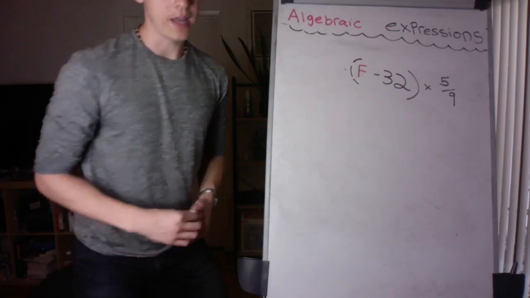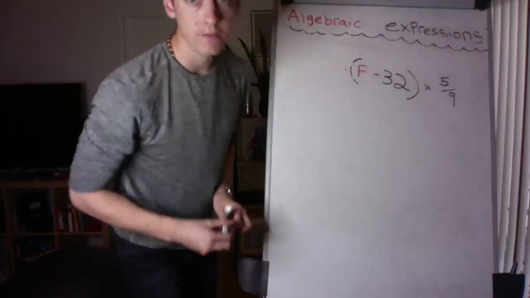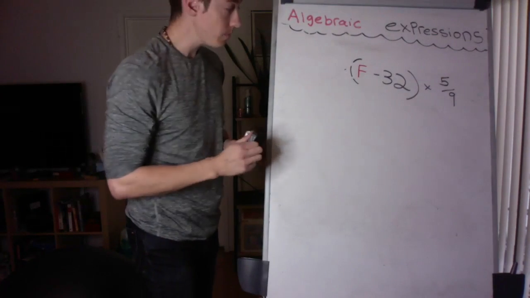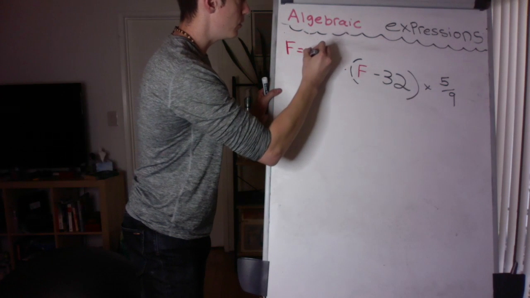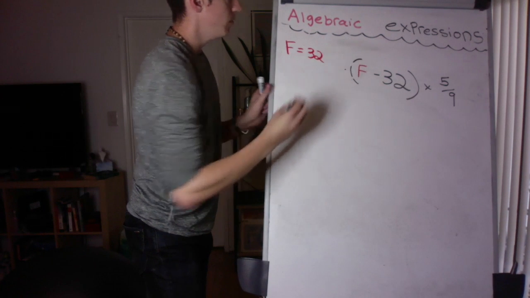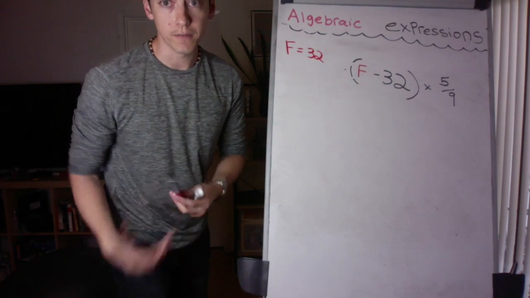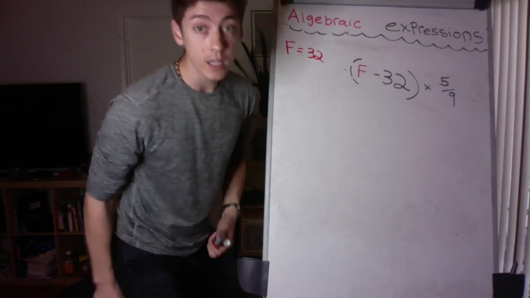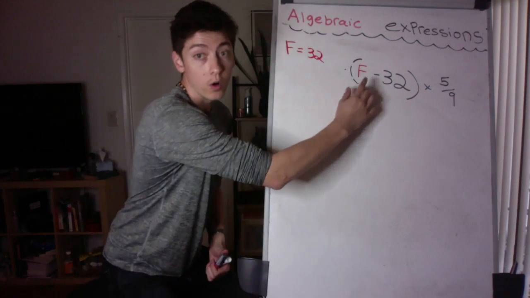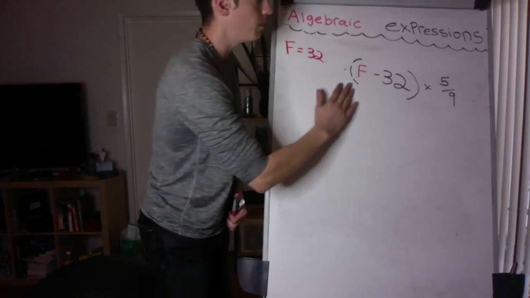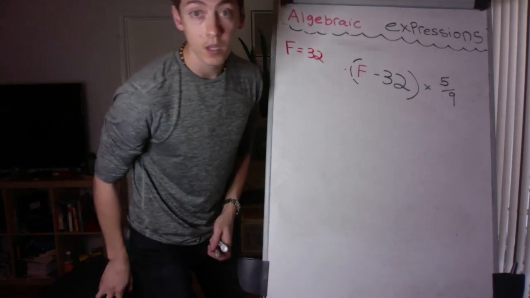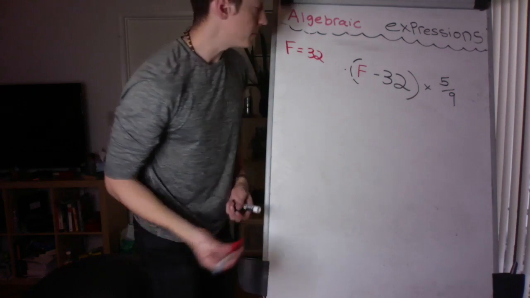So I'm going to go ahead and plug in an amount for Fahrenheit, for F. So if you know that Fahrenheit at 32 means that water is freezing at 32 degrees Fahrenheit, well, if we plug in this amount, the whole expression should be equal to 0, because this is going to help us change it to Celsius. So let's plug that in and see what happens.